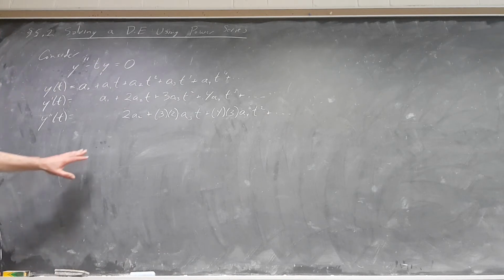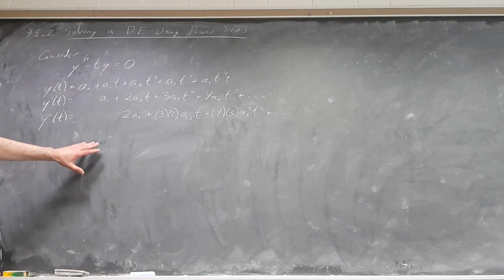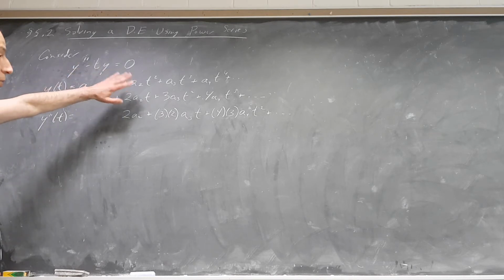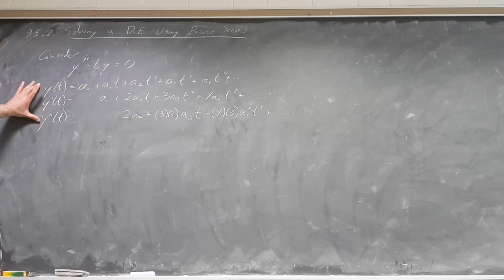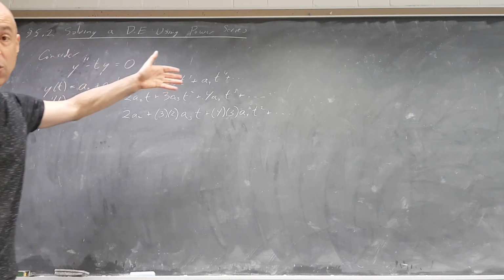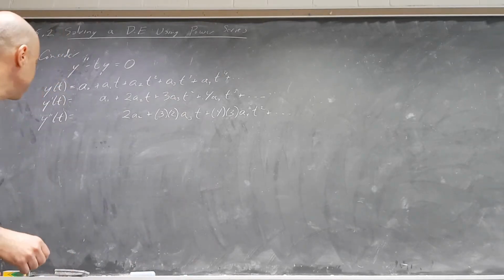I might have to write a few more terms down here for us to get the idea. Now, y double prime minus ty equals 0. Let's just go ahead and put our y double prime and our y back into the original differential equation. If there was a space for the y prime, we'd put that in too, but there isn't.